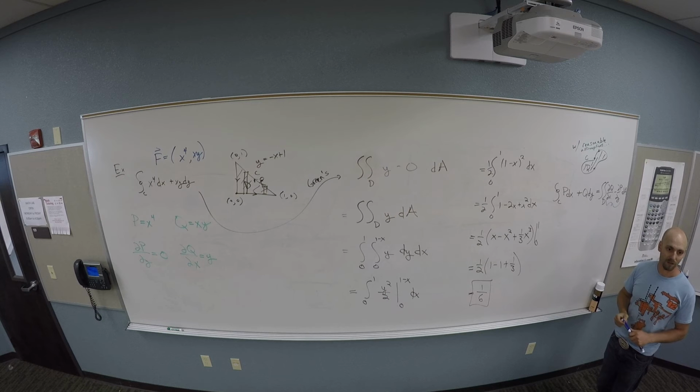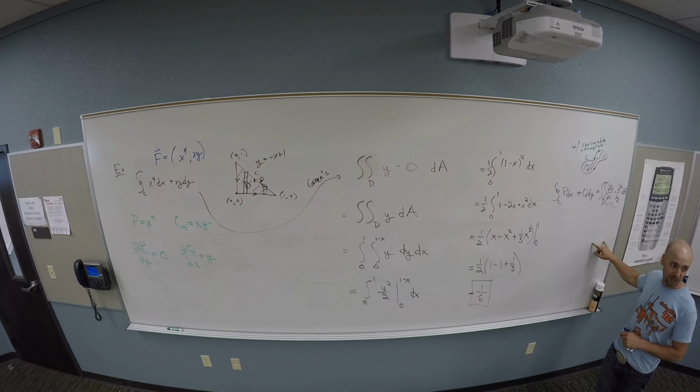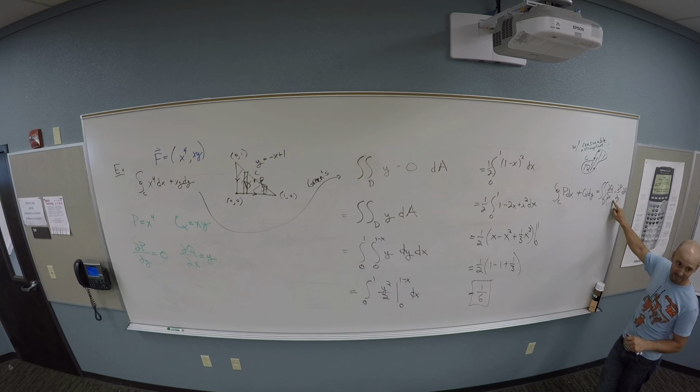If your double integral comes out 0, it doesn't necessarily mean it's path independent. It could just be that that path was 0. If the answer you get out of this thing is 0, that just means that path doesn't have a net gain of energy. If this integrand comes out to be 0, then it doesn't matter which path you're going around.